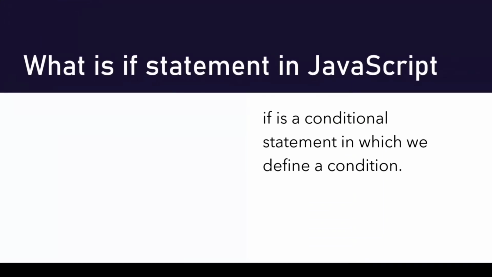This is the formal definition of the if condition. If is a conditional statement in which we define a condition. It is nothing but, in the if block we specify a condition, and according to the condition it takes action.